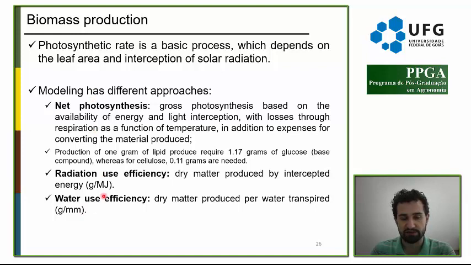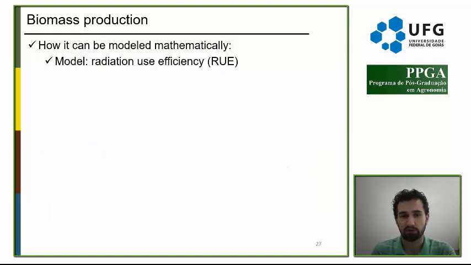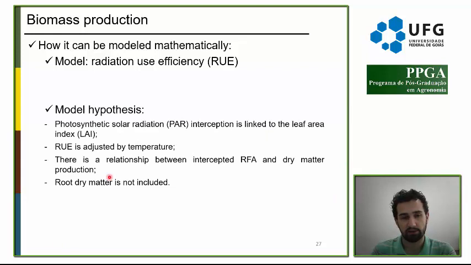Some models have both approaches. For example, in APSIM, the model uses radiation use efficiency for potential conditions and water use efficiency for attainable conditions. In our example here, we're going to focus on the radiation use efficiency.